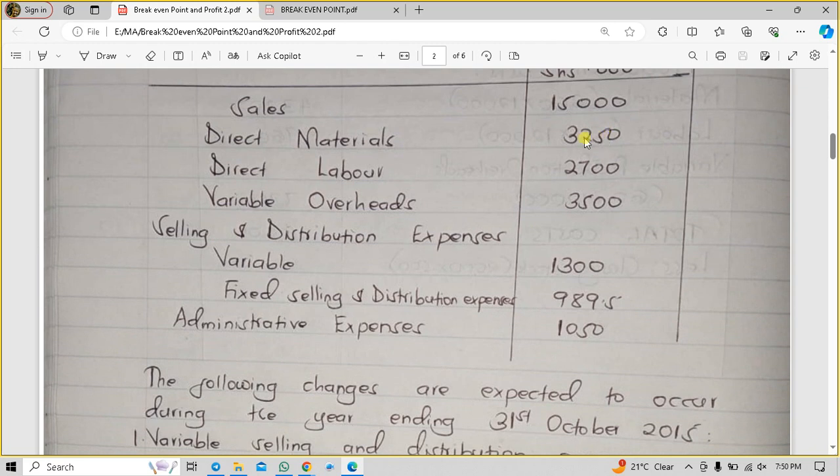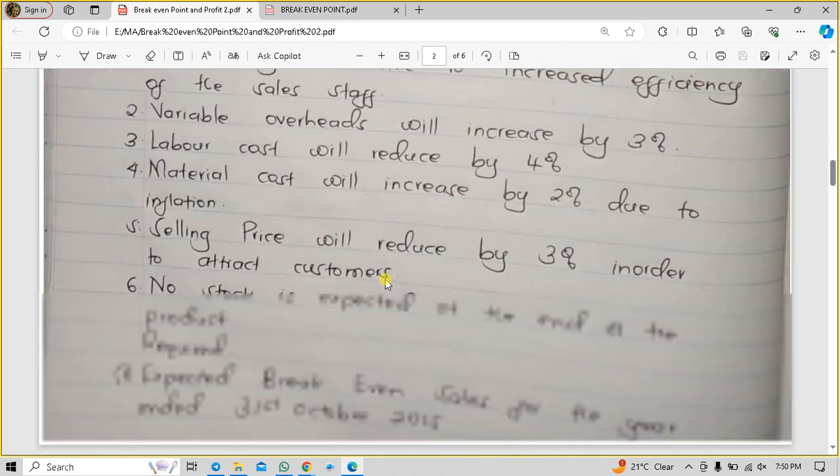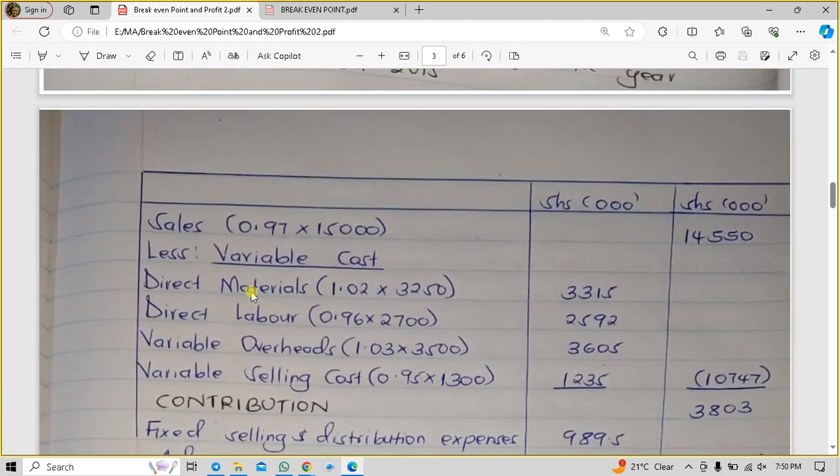So 102% times 3250 should give us our material cost. Dividing 102 by 100 gives 1.02 times 3250. So we'll have our direct materials as 3315.